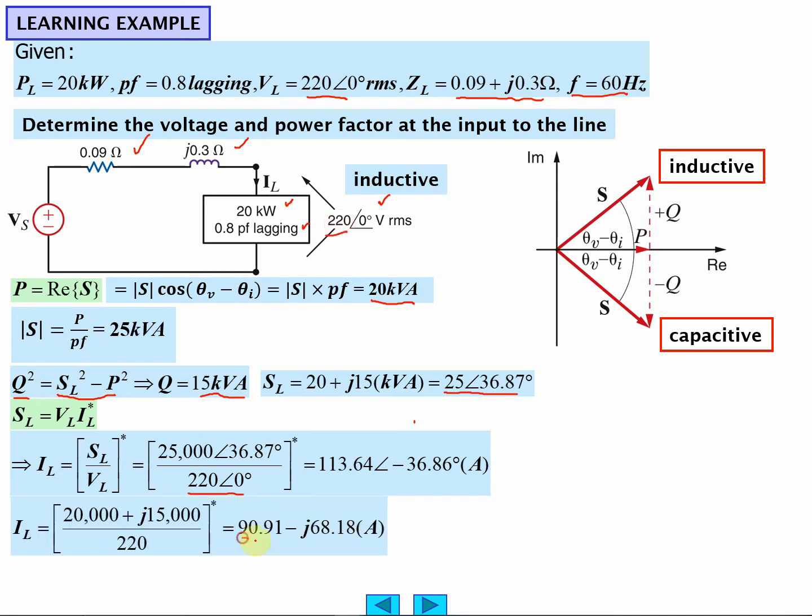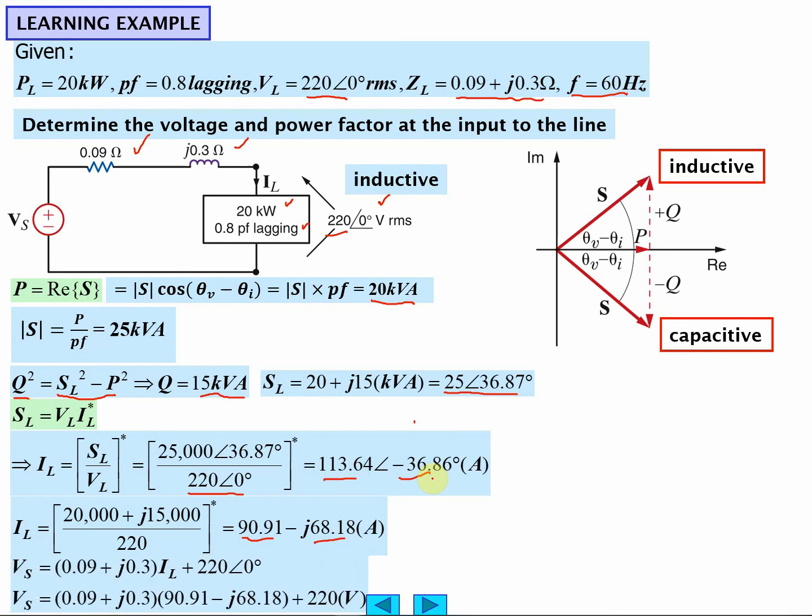And this is correct also. The complex number notation and the magnitude and phase angle notation. So, the source voltage then is equal to the 220 at 0 plus I_L times the impedance. And crunching numbers, again, I checked this with Octave and this is correct.